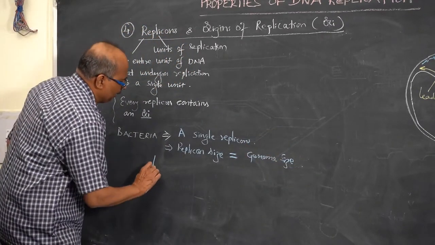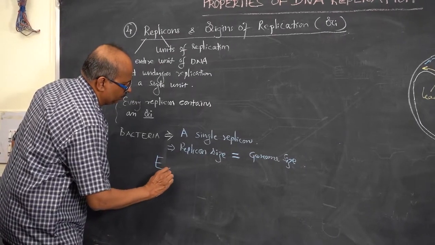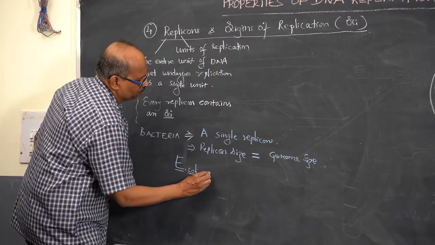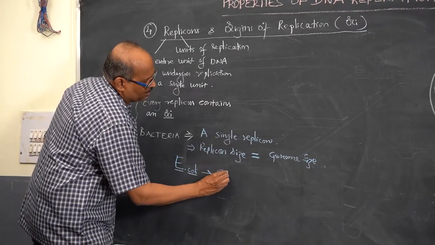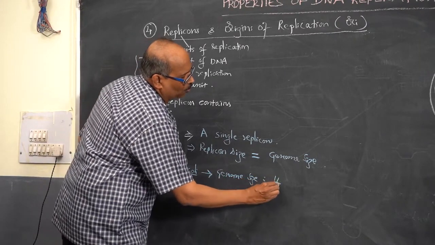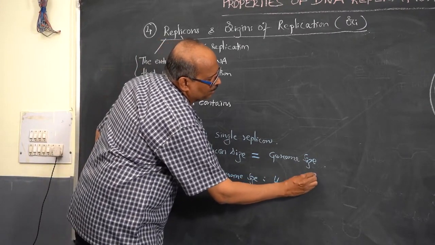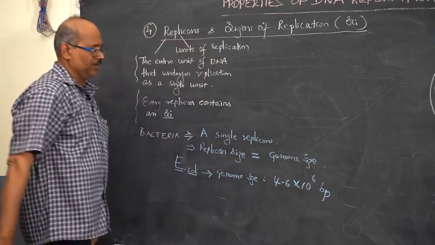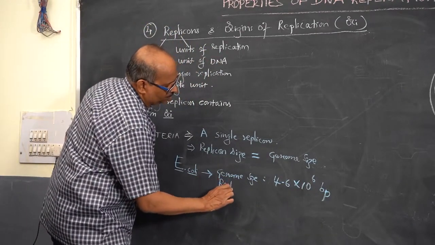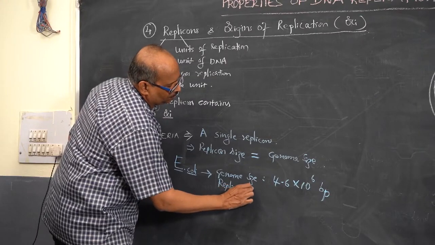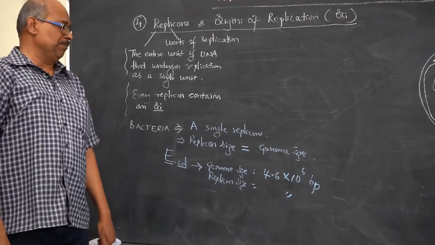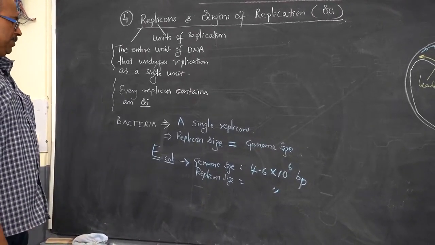So if you take E. coli, genome size is 4.6 million base pairs, and because of that, the replicon size is also 4.6 into 10 power 6 base pairs.